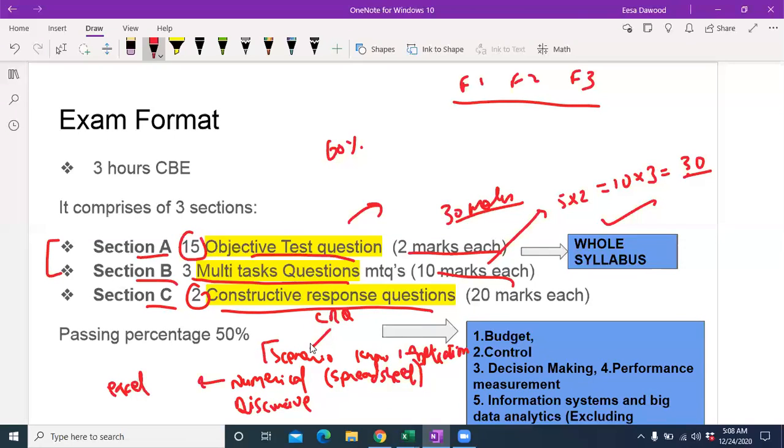Carefully reading the scenario, you need to start from scratch and solve all the numerical part. And for the discursive part, you have a word processing sheet, okay? Which is just like a Word document, right? And whatever you need to write in paragraphs, short, nice paragraphs, you need to write your discursive answers.